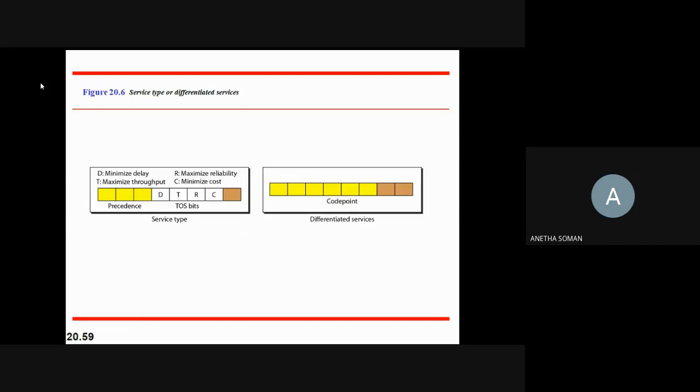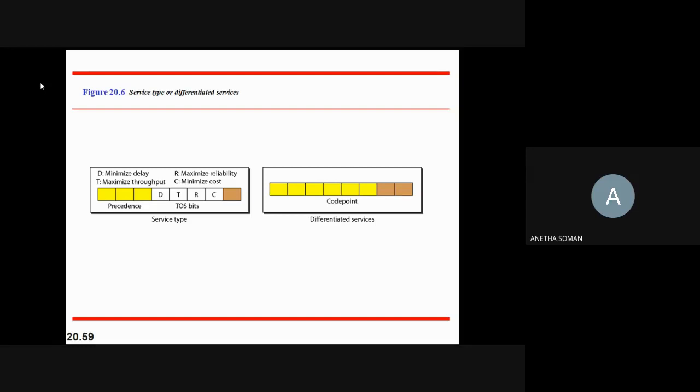The first 3 bits, marked in yellow color, are called the precedence bits. The next 4 bits denote the type of service bits, or in short, TOS bits. And the last bit is not used.